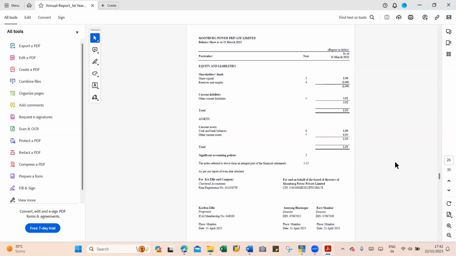Yeah. You see here, they have disclosed only one year. It is a private limited company, March 23 financials. Only one year they have disclosed, the reason being it is the first year. But still you see, they show rupees in lakhs. That means the total of the balance sheet is 1,53,000 only. But still they have disclosed it in rupees in lakhs.